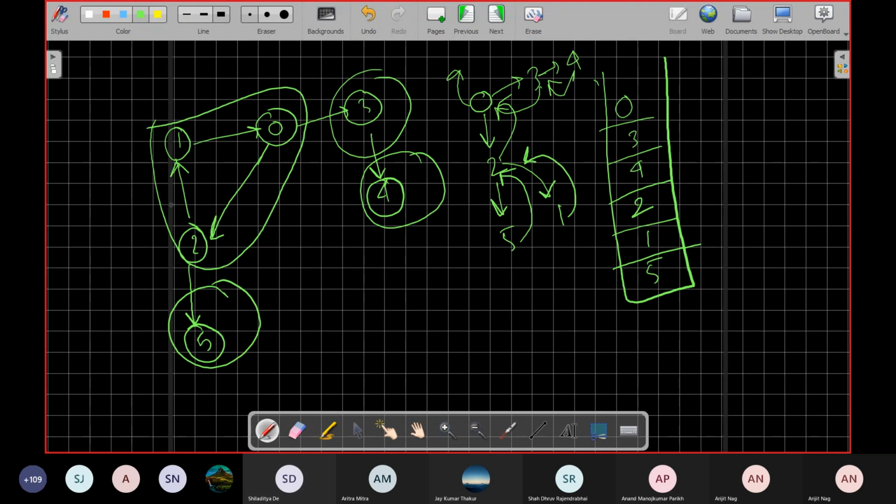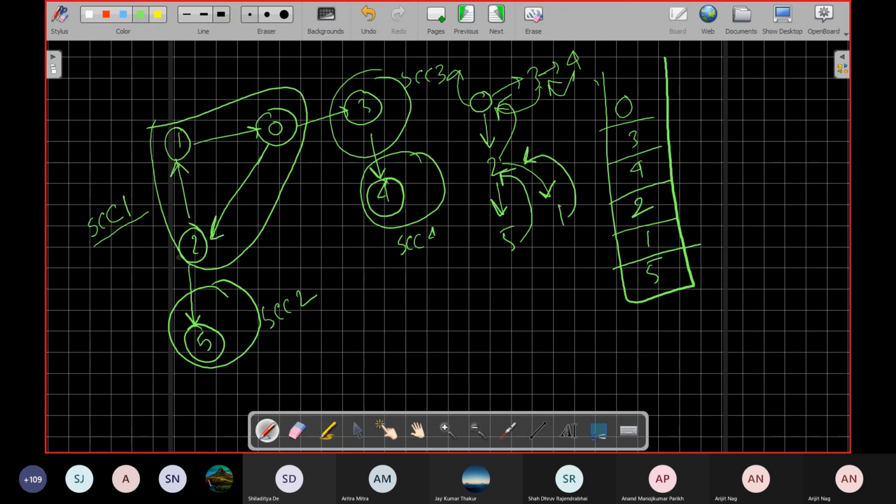Now see, the same property is followed here also. So suppose I name these: this is SCC1, this is SCC2, this is SCC4, this is SCC3. Now what is the property that I'm saying? SCC1 we can go to SCC2.